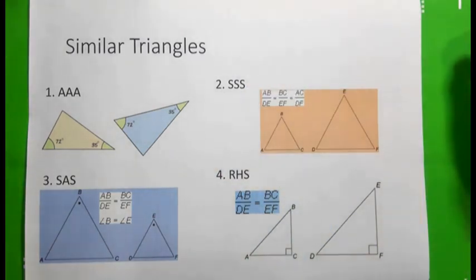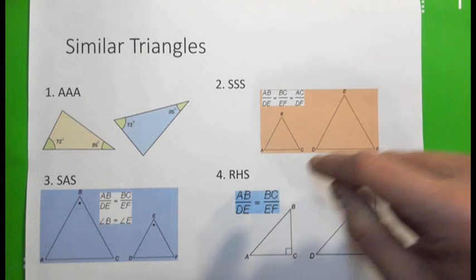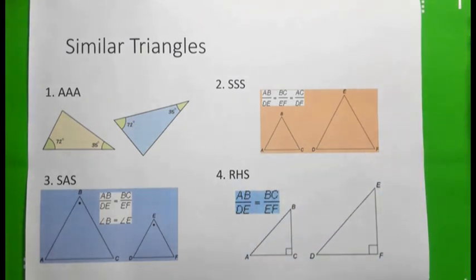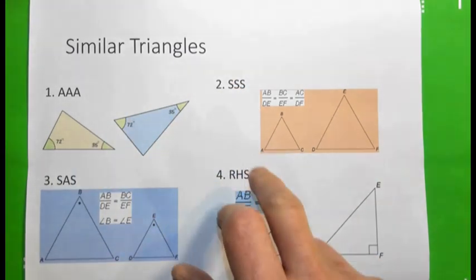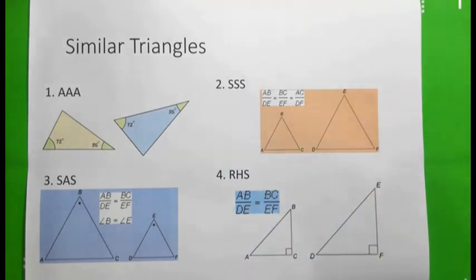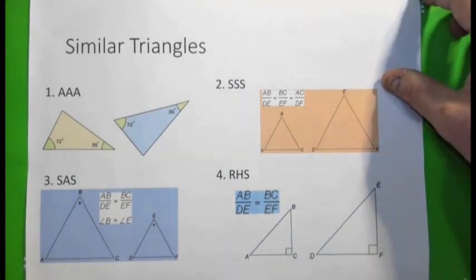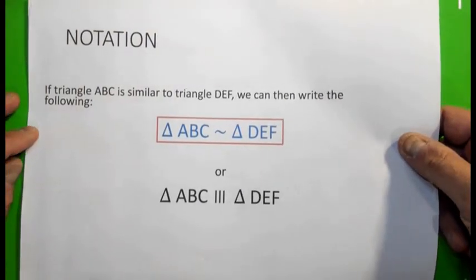Two is SSS, side, side, side. Three is SAS, side, angle, side. And four is RHS, right angle, hypotenuse and side. I will go through each one very carefully, but this is the summary.